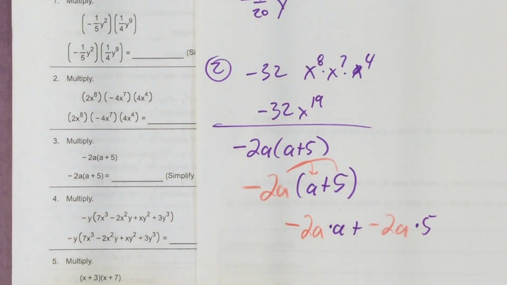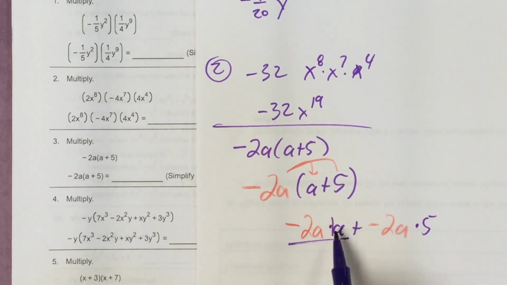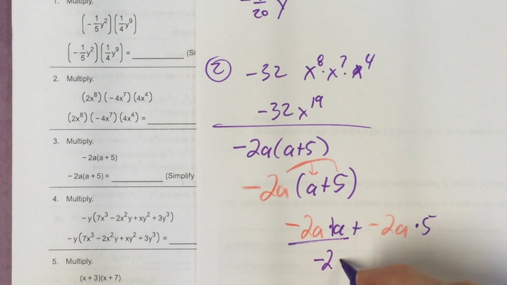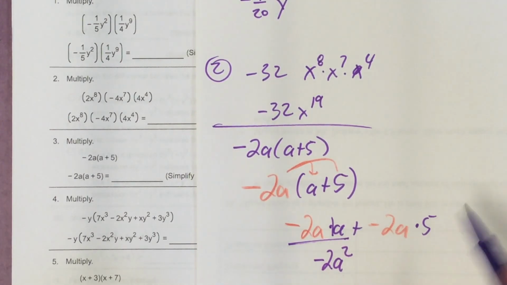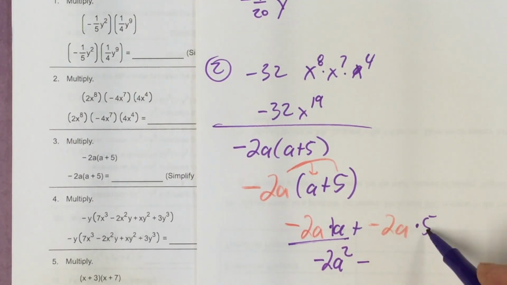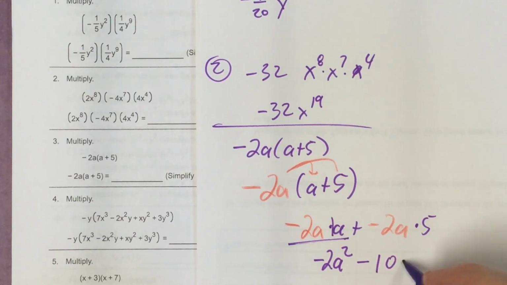I want to make sure that everyone can see that okay. So if I multiply all this together, negative 2 times this 1 is going to be negative 2. A times a is a squared, so that's negative 2a squared. Plus and minus will just make a minus. 2 times 5 will give me 10, and that'll be 10a for my final answer to that question.